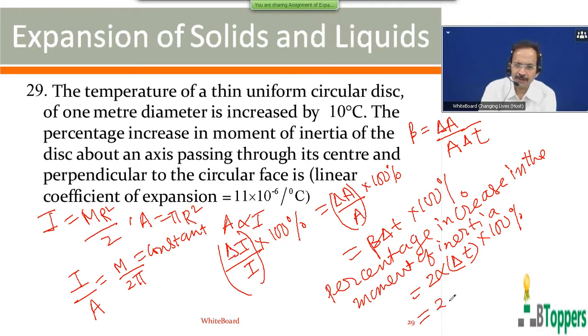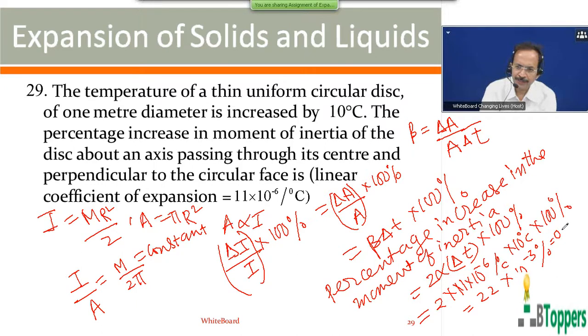So in the given problem, alpha is given as 11 into 10 power minus 6 per degree centigrade, and the increase in temperature is 10 degree centigrade. So this will be 22 into 10 power minus 3 percent, or 0.022% is the answer.